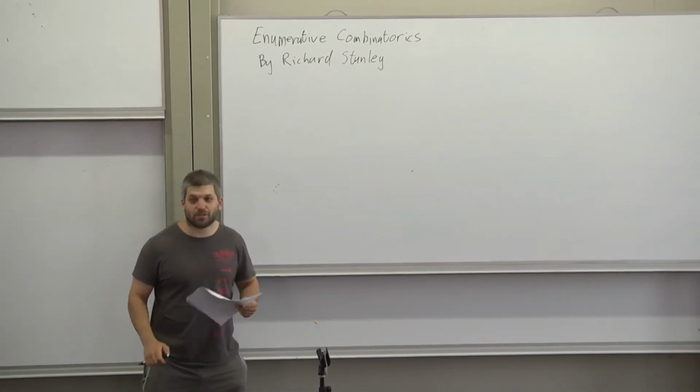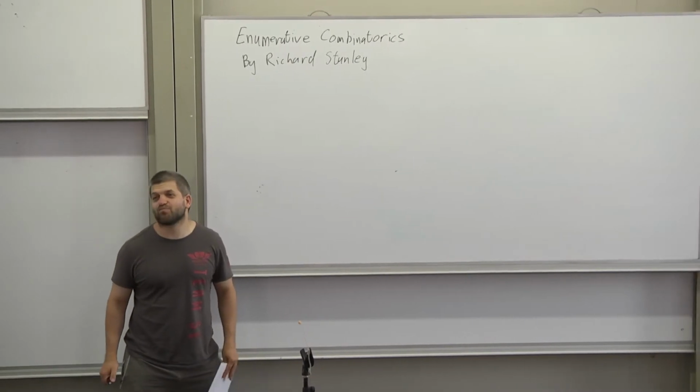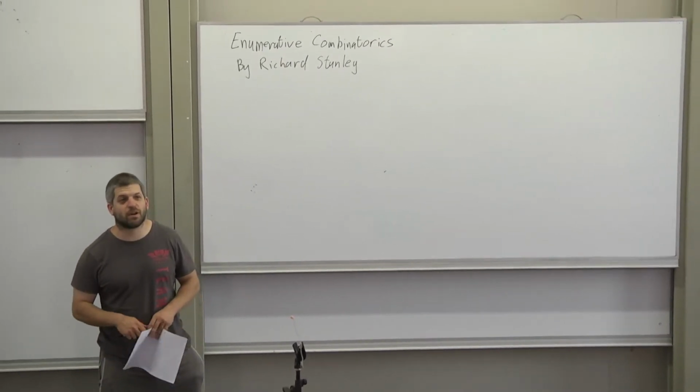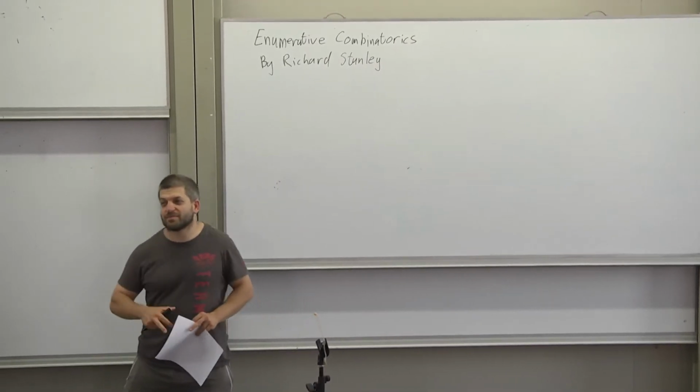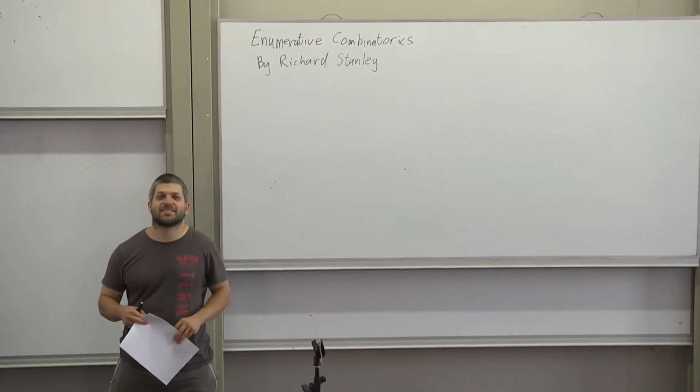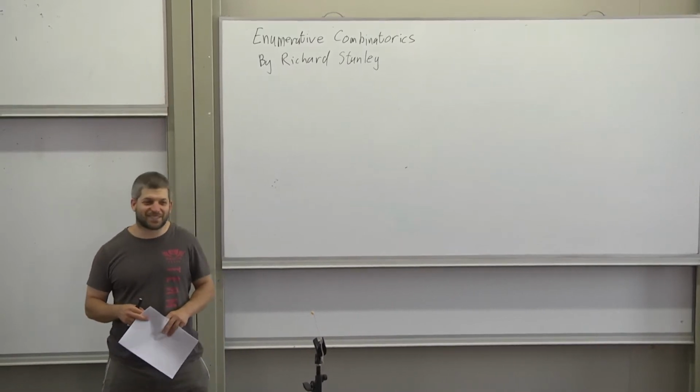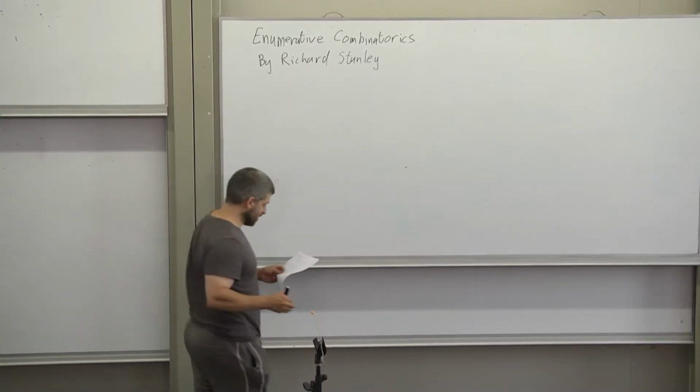Okay, so the first thing it talks about is what is a combinatoric, what is a formula? What does an answer look like? A lot of exclamation marks? No, that's not always true.